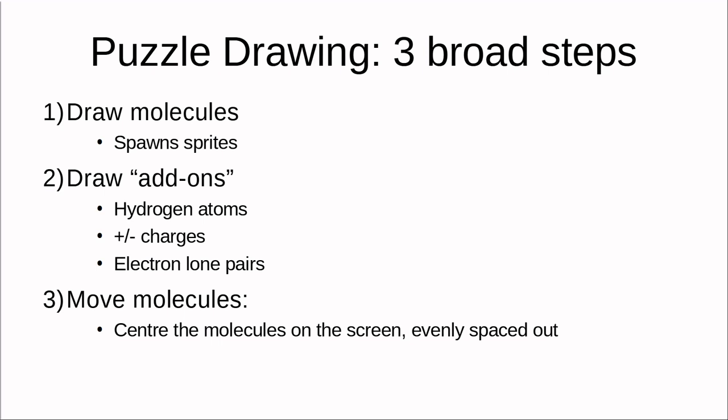And then finally, once everything is said and done and the molecules are all drawn perfectly, then they need to be moved so that they're positioned evenly spaced out on the screen for the player to actually look at, as opposed to them hanging off to the side somewhere. So that's a broad overview of the puzzle drawing step.